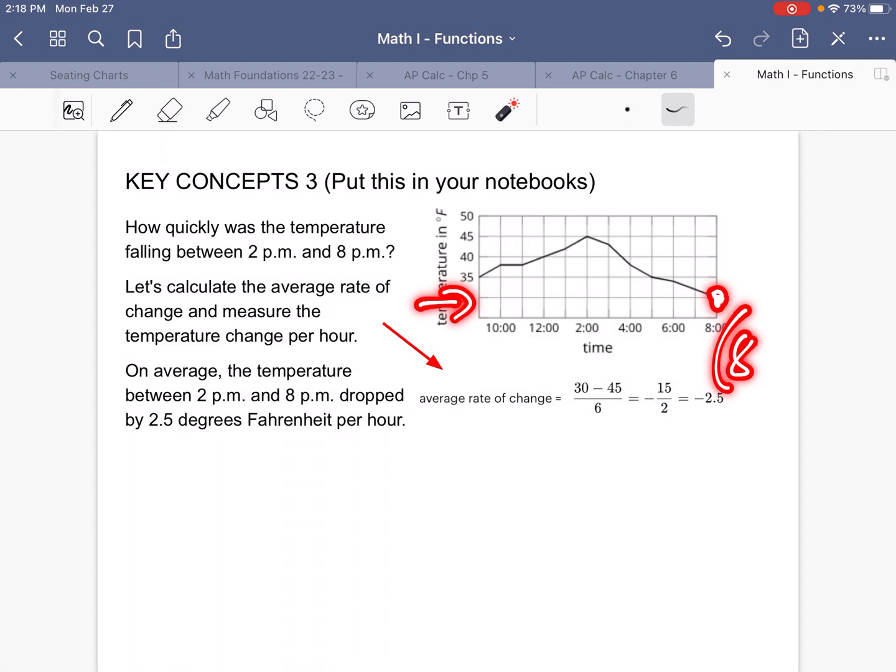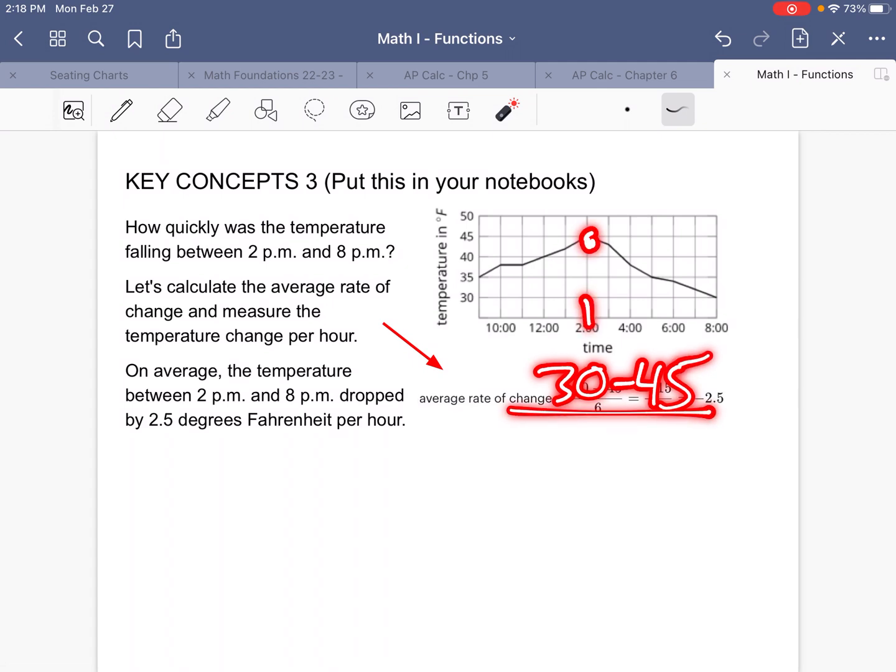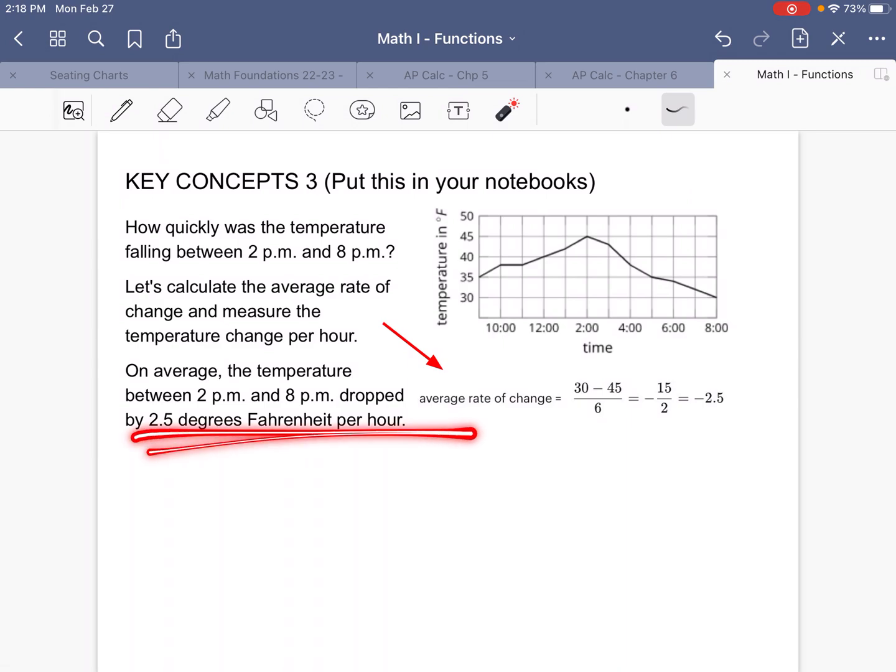So 8 o'clock is at 30 degrees, so we take 30 minus 45, the temperature up here, over how long did it take to get there? From 2 to 8 p.m. is 6 hours. And so we get negative 2.5 degrees Fahrenheit per hour.